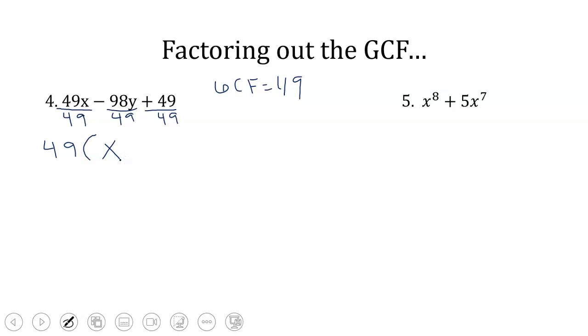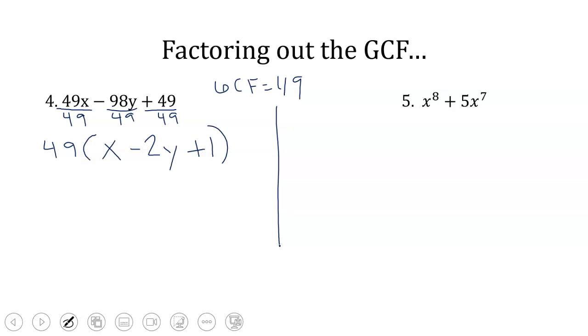An x. Negative 98 divided by 49 is negative 2. And then what's left? The y. Positive 49 divided by 49 is positive 1. And then close your parentheses. And then that's your final answer.